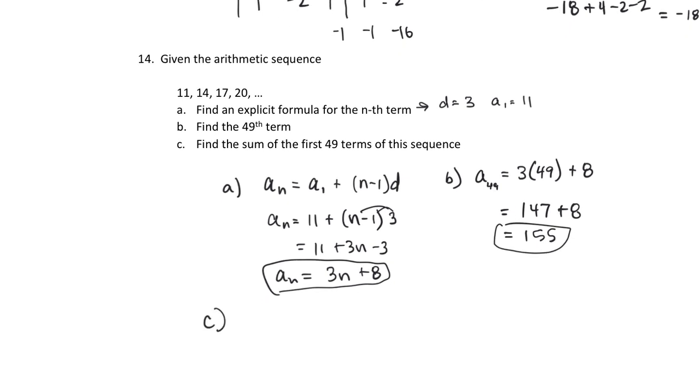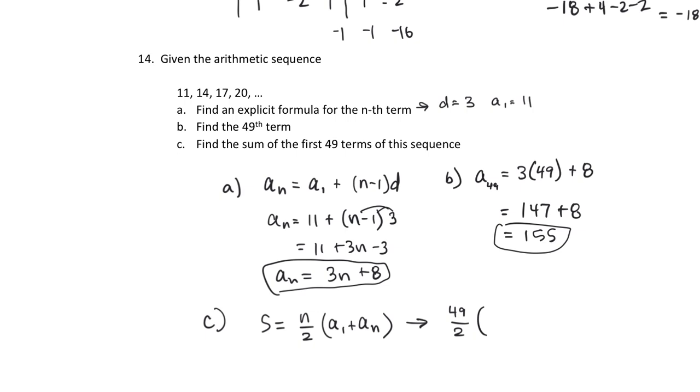And for part C, the sum of the first 49 terms, so that's a partial sum of an arithmetic sequence. So the partial sum of an arithmetic sequence is half the number of terms that you're adding times the first term plus the last term. So the sum of the first 49 terms means we're adding 49 terms together, so n equals 49.